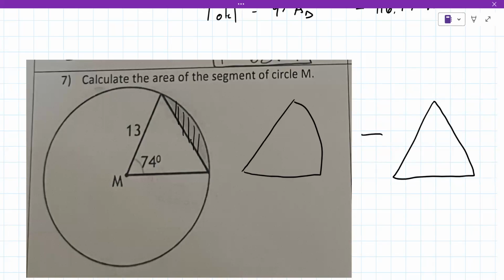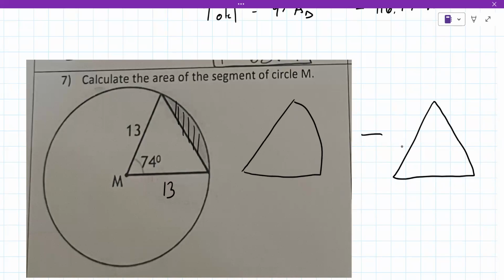Okay. So we find the area of the pizza slice. Hopefully you've had pizza before and you're not shocked here about this. And then find the area of the triangle, and then you have it. Okay.